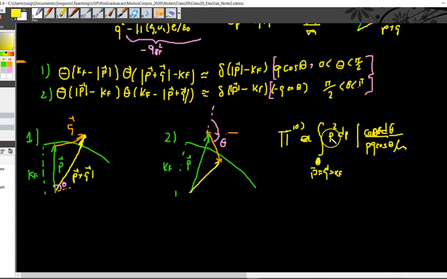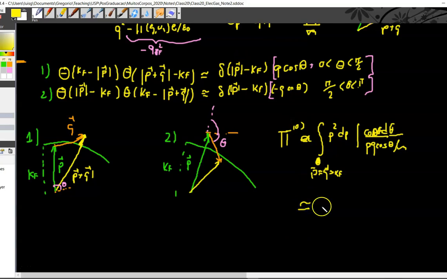There's a p square here, there's a p cube up there, p is going to be close to q, so this p square cancels this p times q, and I'll have something where p is about kf.